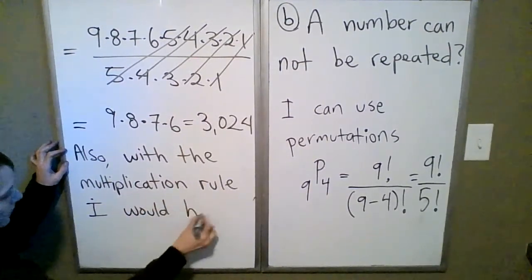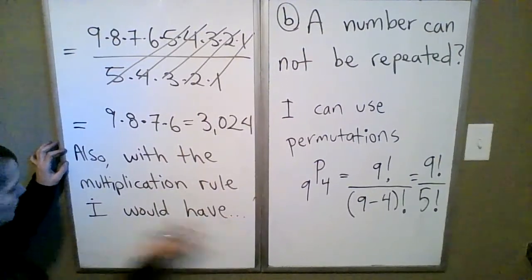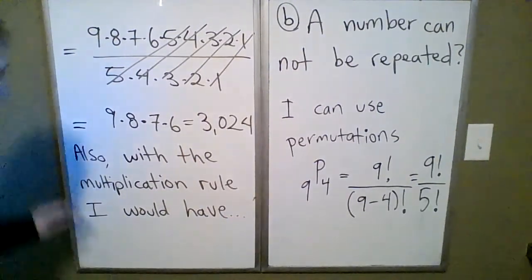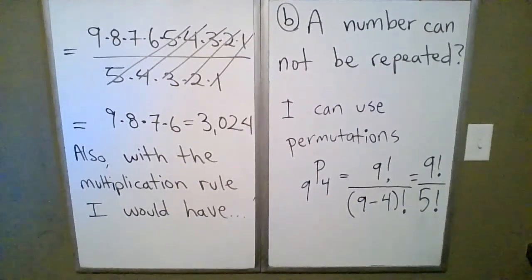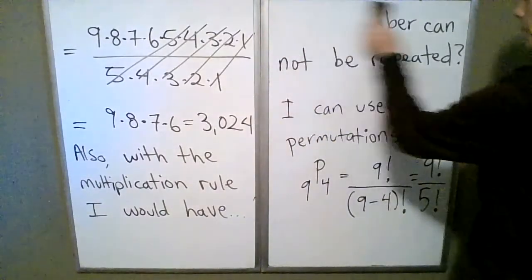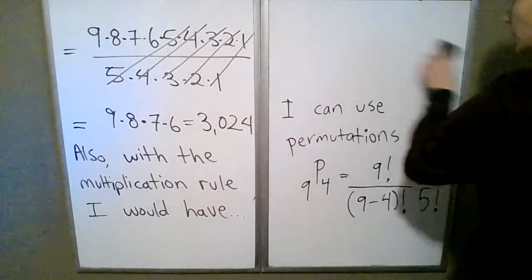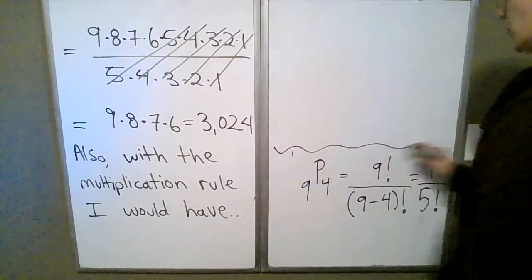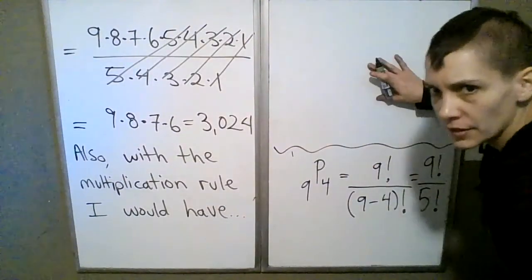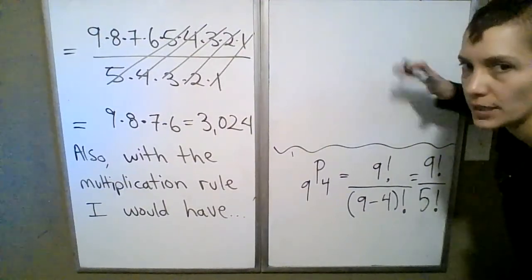Okay, so I have my placeholders for each part of the lock. So this is just another way to get the same answer. You can pick whichever way you like.